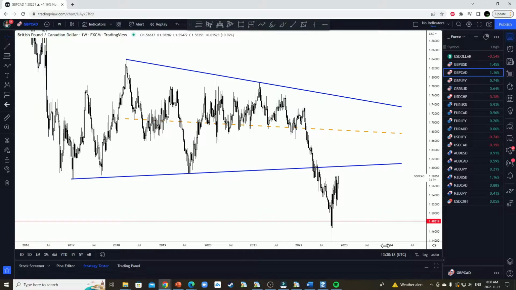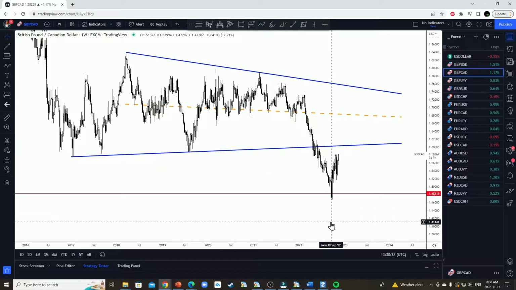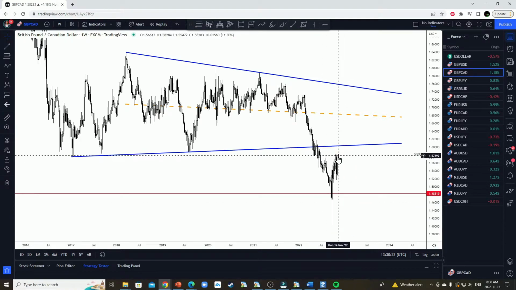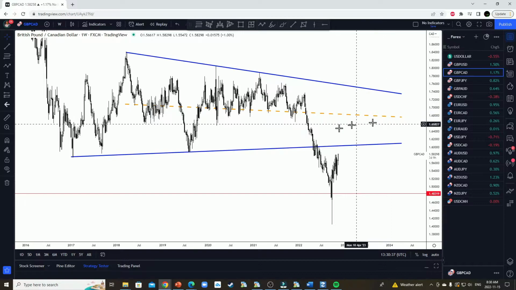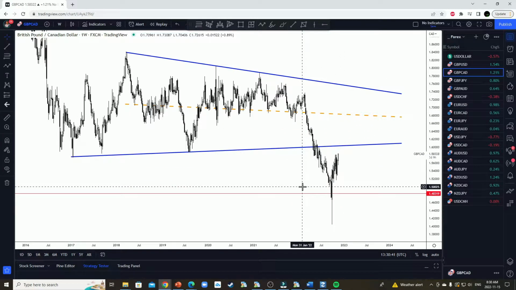So I wanted first to establish one on the one that I felt was more overextended, and to me, it was the pound Canadian. This overshoot, and the fact that it didn't even reach this over here, told me that the elastic is a bit farther from the reversion to the mean. So I went long on that one.